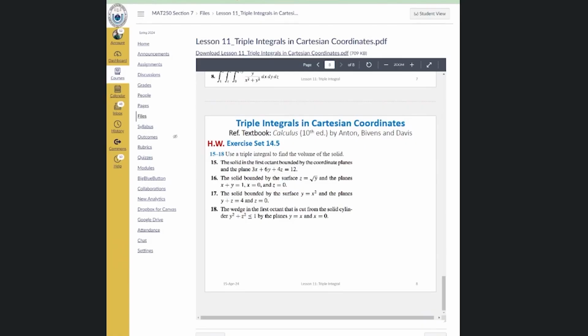The ways in the first octant, so x, y, z all range from 0 to any positive values.